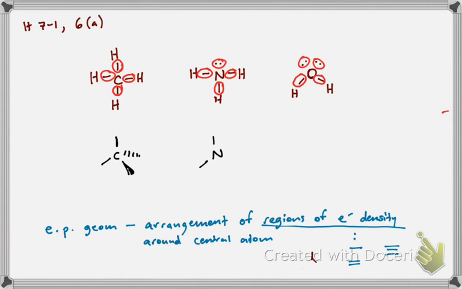There's 2 in the plane of the board. The dashed line is going back. The solid line is going out at you. I do that for all 3 here. And so all of these are going to have the same electron pair geometry.